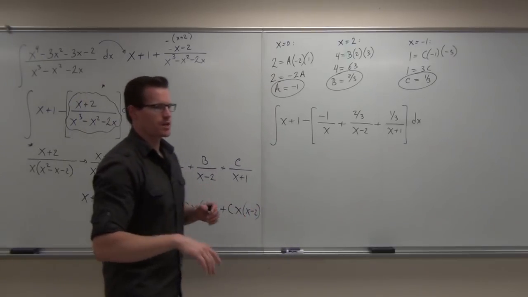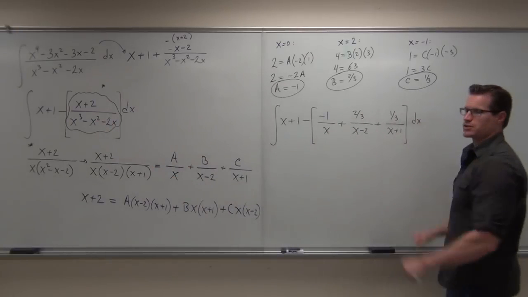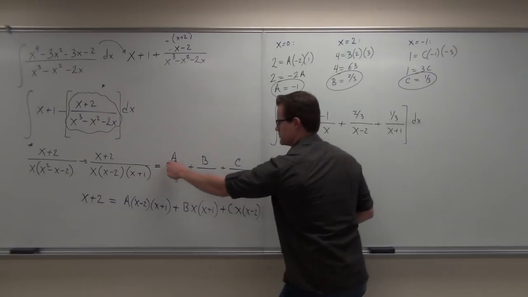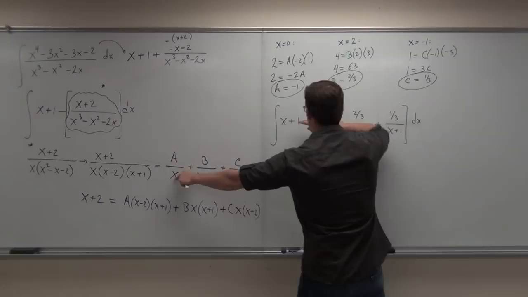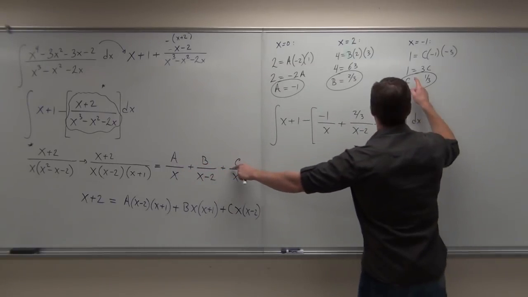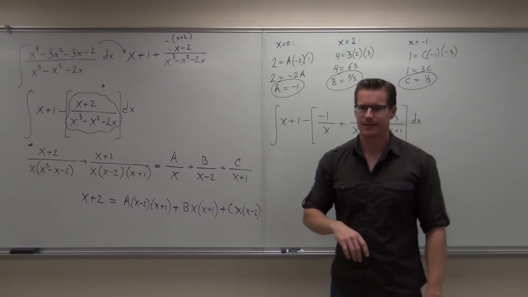Let me double check to make sure you guys are good with it. Do you see how this becomes these 3 fractions? We found a, b, and c, right? So if we know this is equal to a plus b plus c over these relative denominators, we got -1 over x. Perfect. We got 2/3 over x minus 2. Got it. We got 1/3 over x plus 1. Not a problem. What are we going to do next? Integrate.